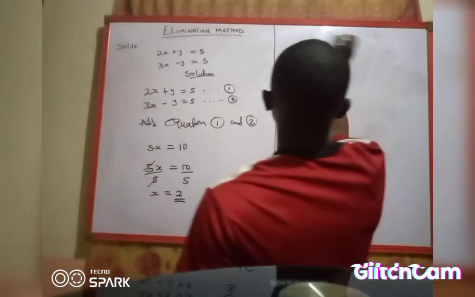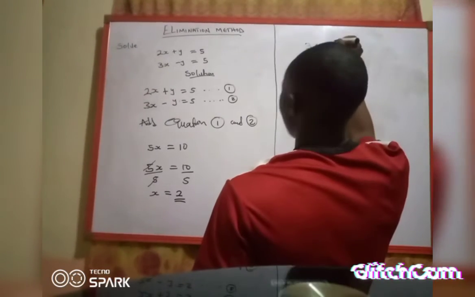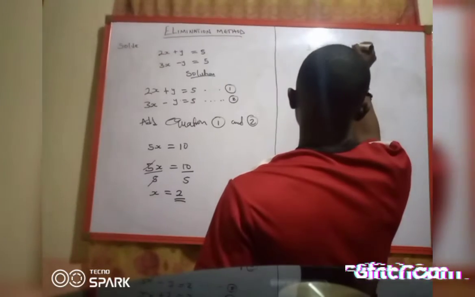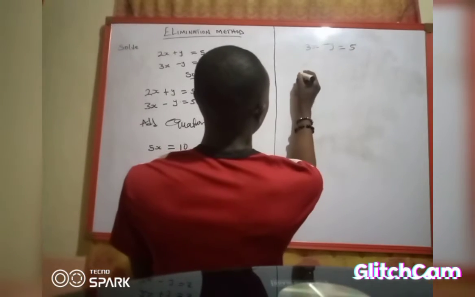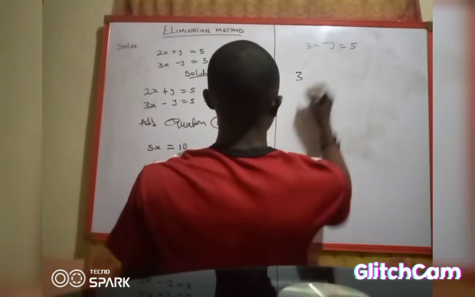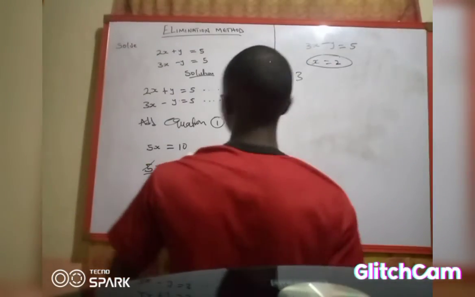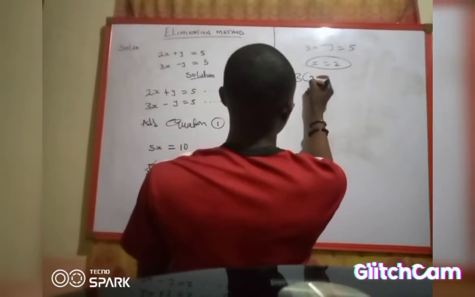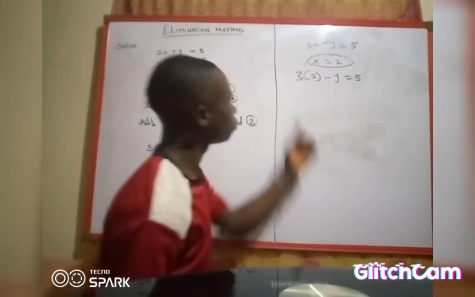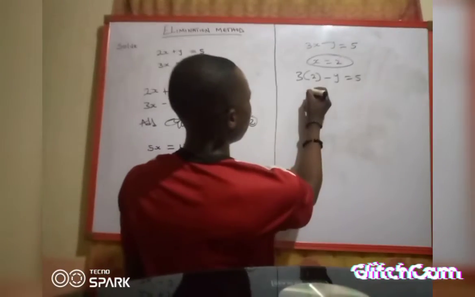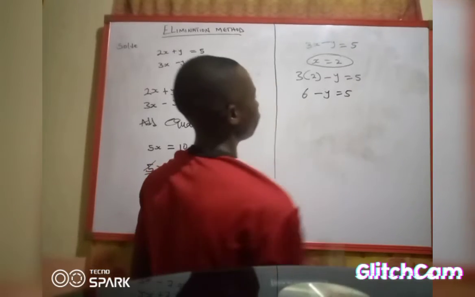Equation 2 is 3x minus y equals 5. So I can say 3 into 2, since x equals 2, minus y equals 5. 3 multiplied by 2 gives 6, minus y equals 5.